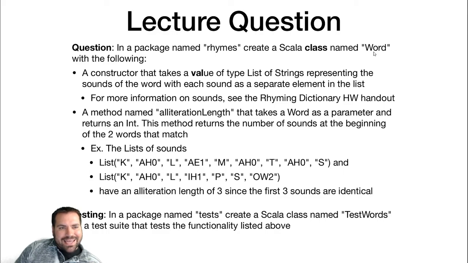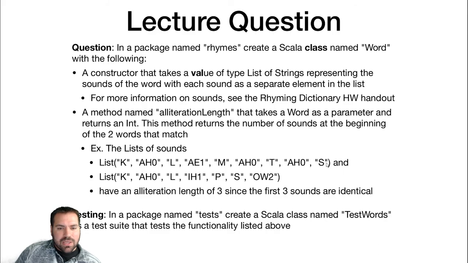Create a class named Word instead of an object, a class, and we'll talk about what classes are, obviously, with a constructor that takes a value of type list of strings representing the sounds of this word, and a method named alliteration length that takes another word as a parameter. So we're going to compare 2 words with each other, which both have lists of strings representing their sounds or their pronunciation, and returns the length of the alliteration, which we're defining as the number of sounds at the beginning of the 2 words that are identical.